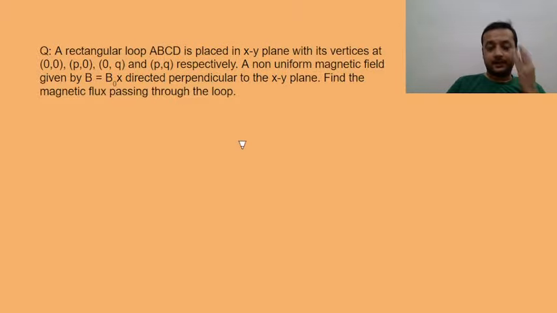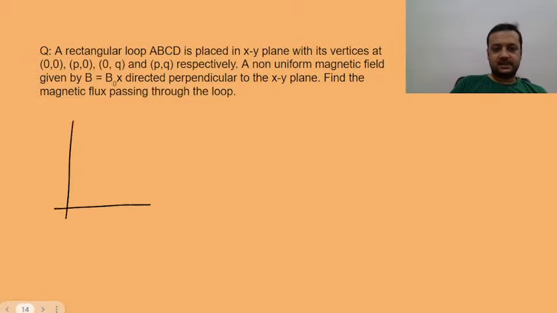Guys, please pay attention over here. Let's see if we can apply the average method or not. A rectangular loop ABCD is placed in the XY plane. Let's say this is the X axis, this is the Y axis, and this is a rectangular loop, whose vertex coordinates have been given.